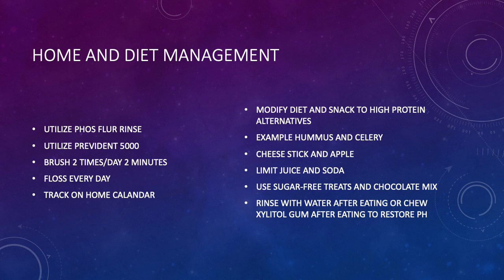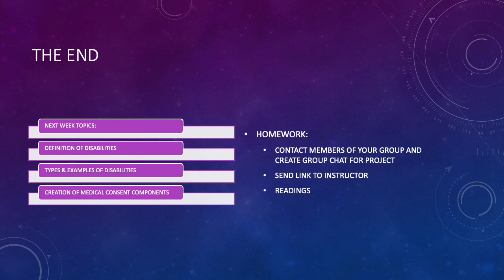I might opt for hummus and celery as opposed to ranch dressing and celery. And I really want to limit the juice and the soda. I want to use sugar-free treats as much as possible and sugar-free chocolate mixes as much as possible. And I want to have him rinsing with water after eating or chewing xylitol gum after eating to restore the pH to a neutral level.